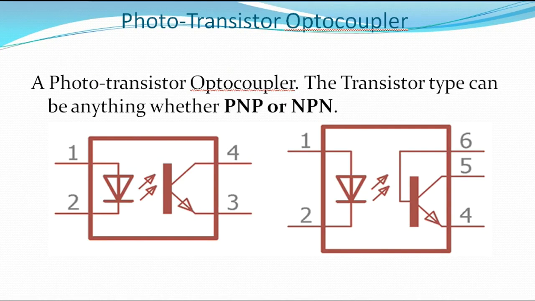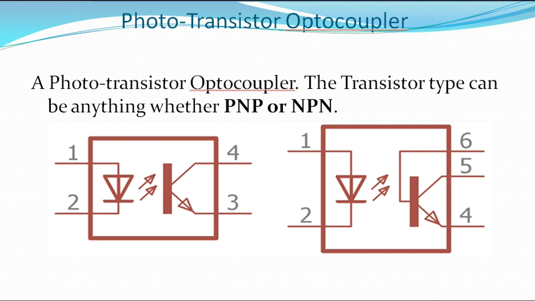Now let's go straight to the phototransistor optocoupler. The phototransistor optocoupler also has PNP as well as NPN, which I have showed you before. Now, this is the internal structure of 4 legs. The same thing applies to 6 legs. But the difference here is that there is no double transistor. This one is faster.